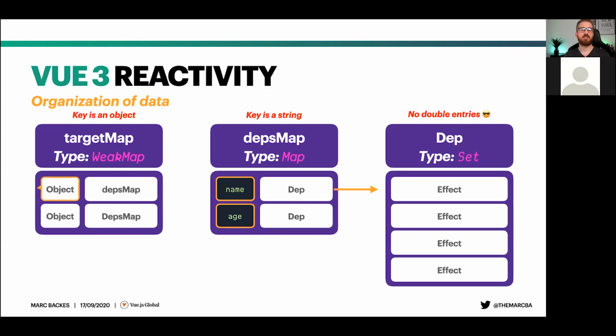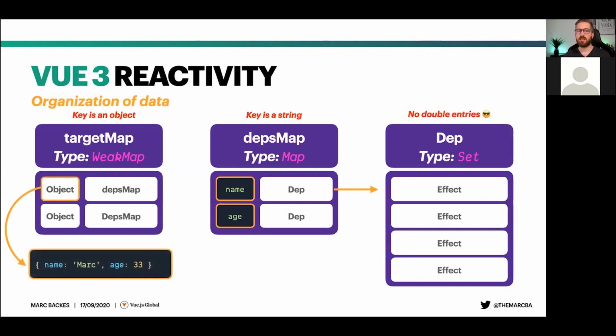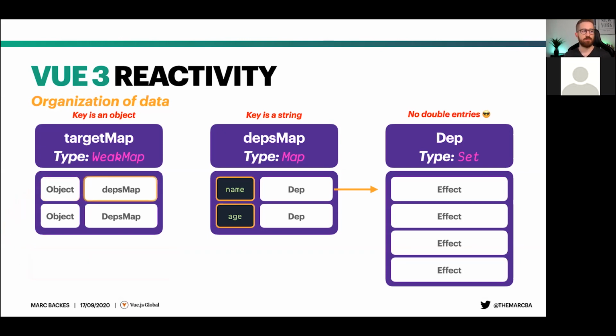For example, this object with name Mark, age 33, and the value is a depsMap. So if you see it like this, the targetMap is a collection of objects. For every object, we have a list of properties, and for every property, we have a list of effects or side effects that are being executed when something changes.